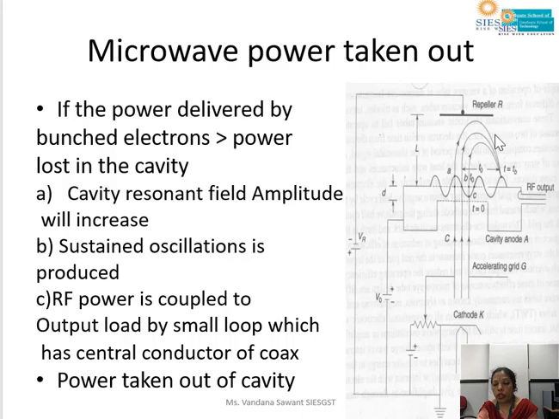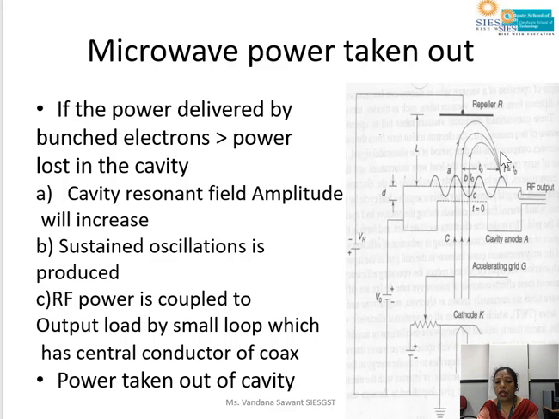Because of velocity modulation, the higher velocity electrons will penetrate more in the repeller space and get reflected back from the repeller, and the lowest velocity electrons will penetrate a very small distance in the repeller space and get reflected back. So the result of this velocity modulation will be the bunching of electrons.